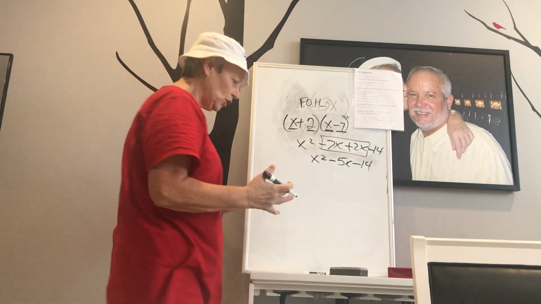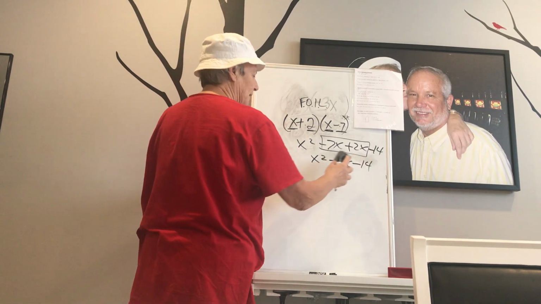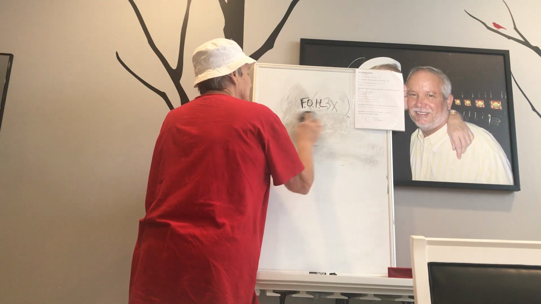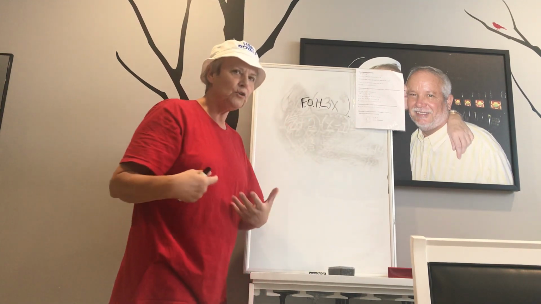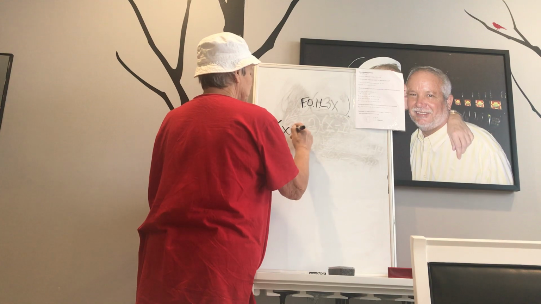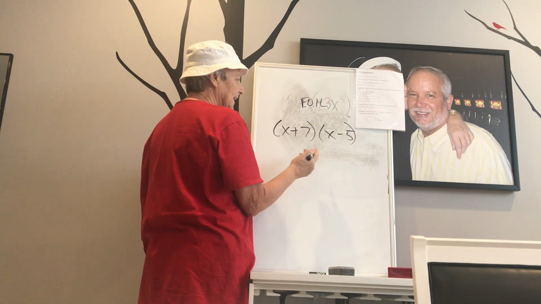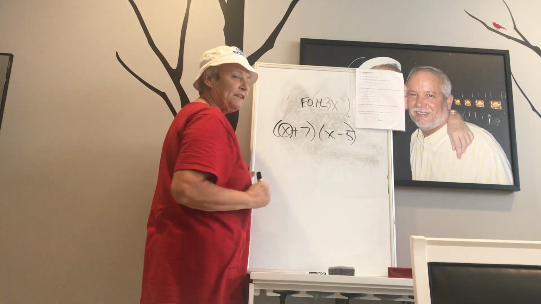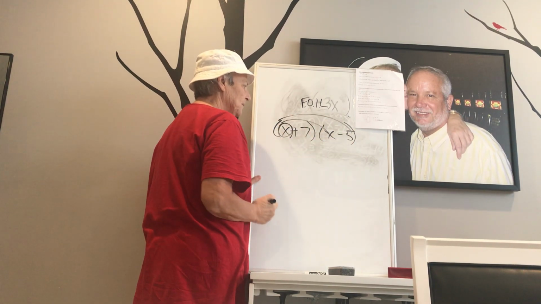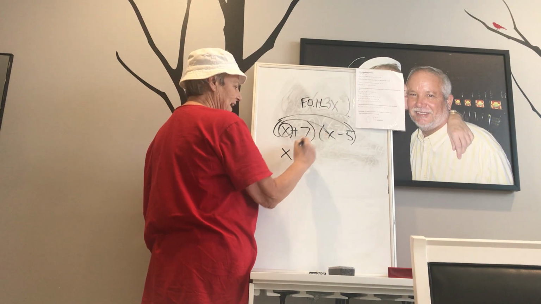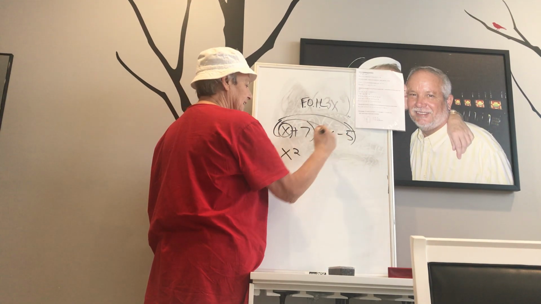Now you should pause that and look at it for a minute because I'm going fast to get my 14 minutes in. But let me talk to you about what you really are doing here. Here, x plus 7, x minus 5. You're taking the distributive property with the first term twice. That's x times x, and x times negative 5.